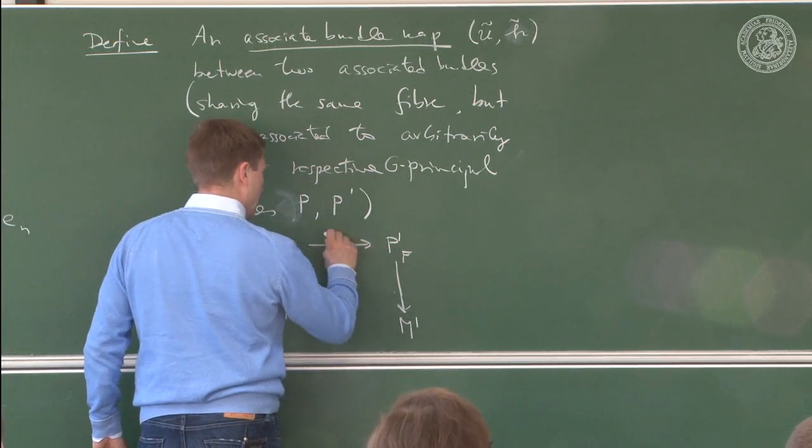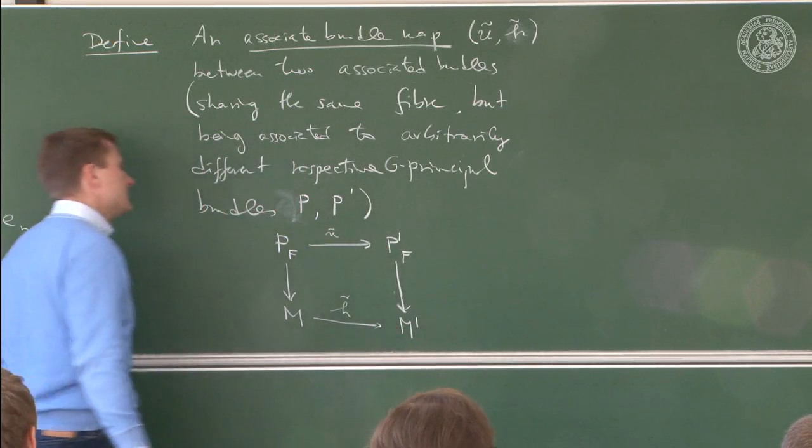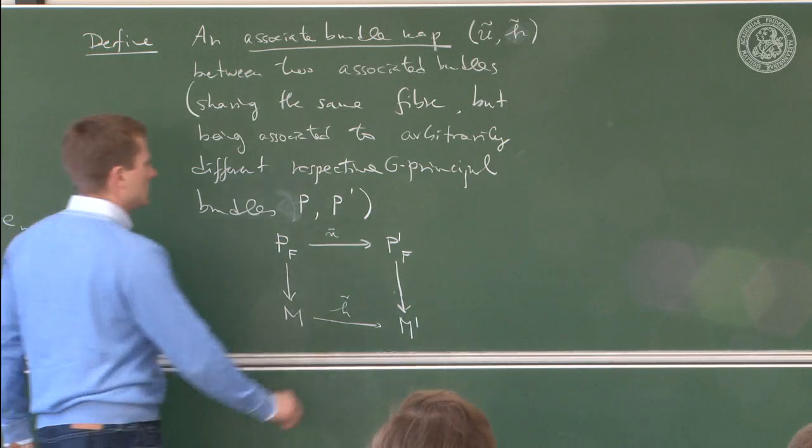And then the bundle map U twiddle, H twiddle sits here. An associated bundle map between two associated bundles.